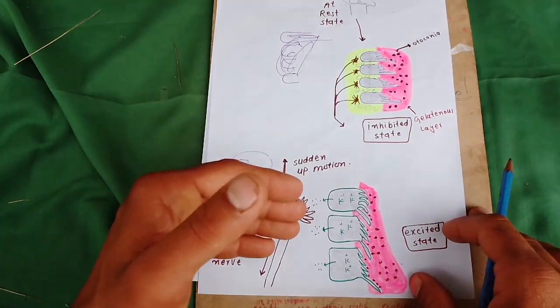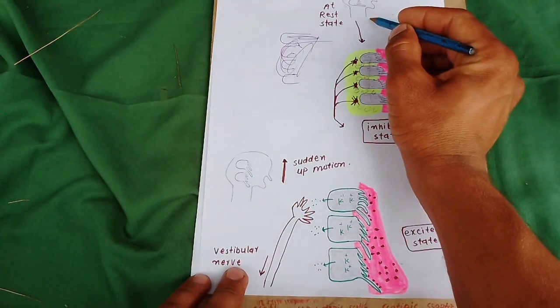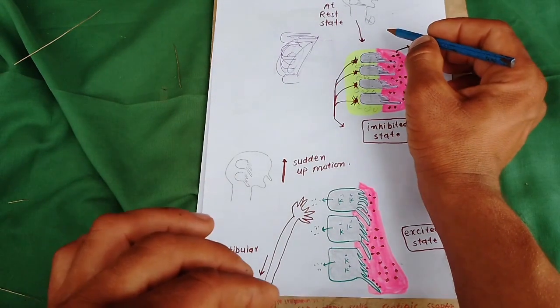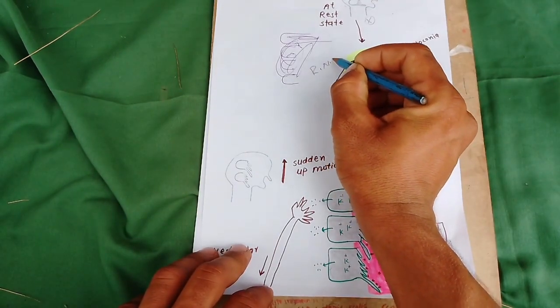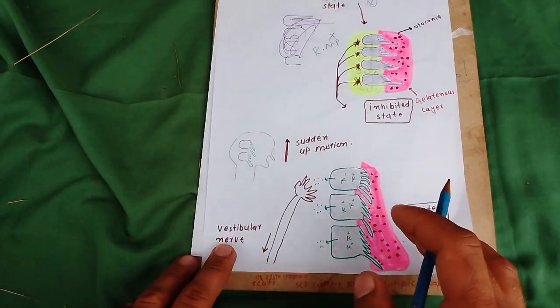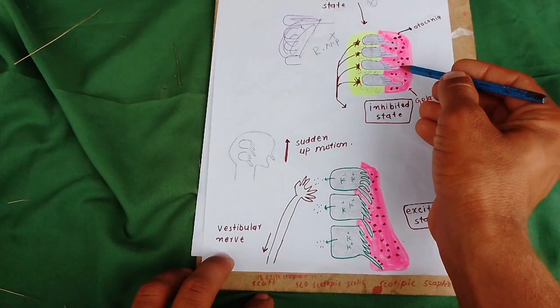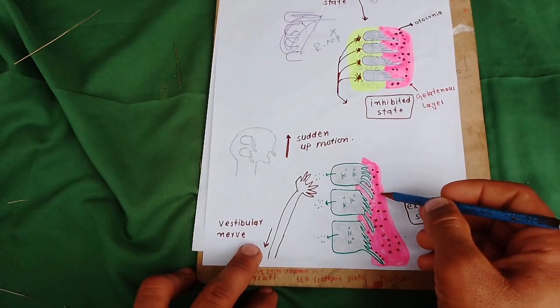When the man starts moving upward suddenly, very quickly with very high speed, the resting normal posture is disturbed. When he moves upward very quickly, the otoconia and the gelatinous layer maintain their own inertia.